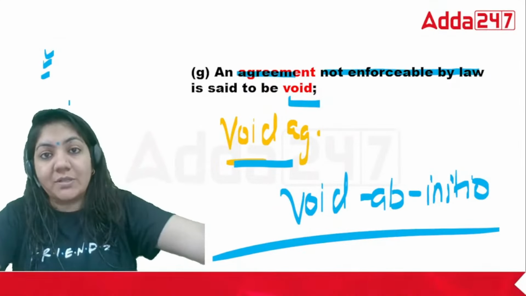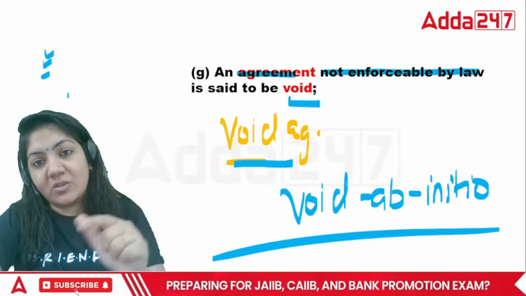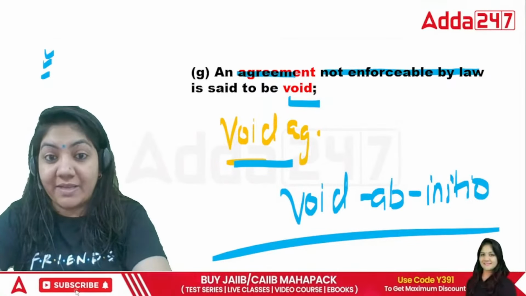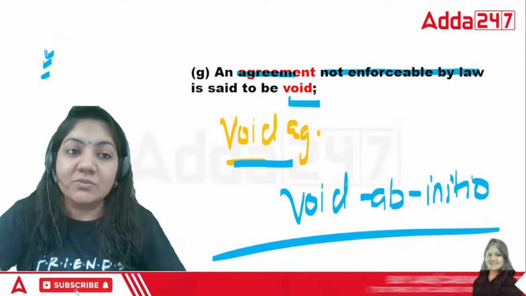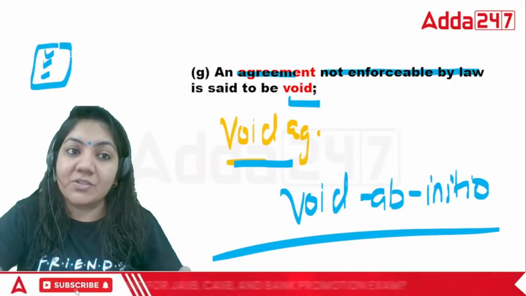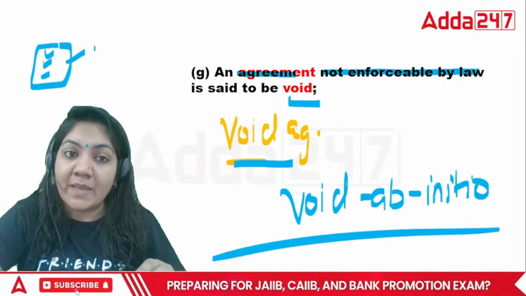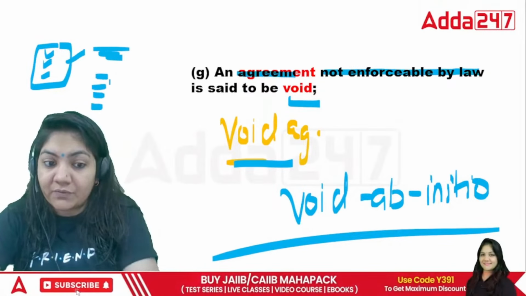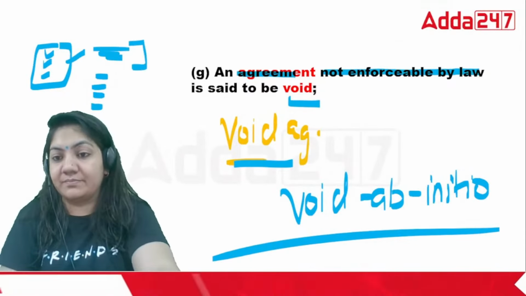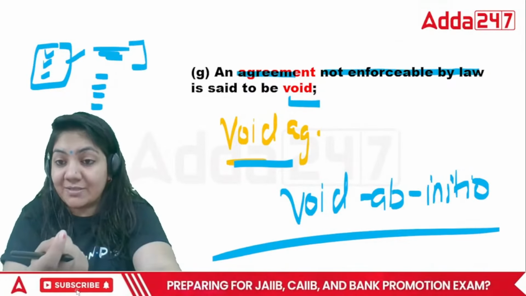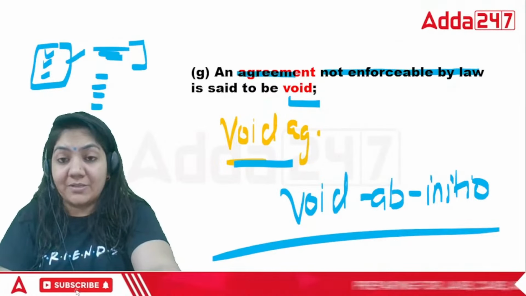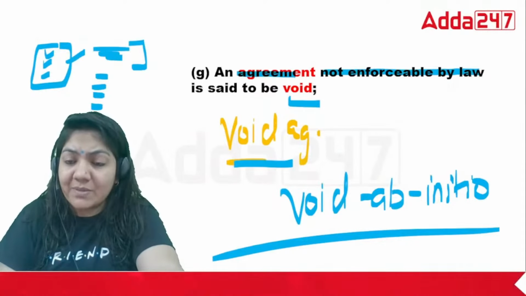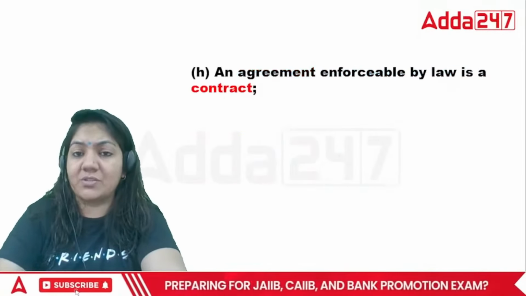Please go through the summary of the act, in which there are many questions where a definition is given and 4 options are there. You have to tick mark which word is the definition of this term. That's why I'm putting these definitions in the YouTube session. And that is also given in your syllabus, that you have to finish the definitions.